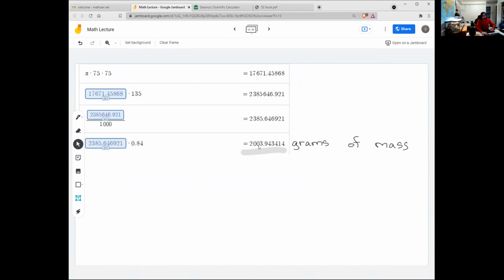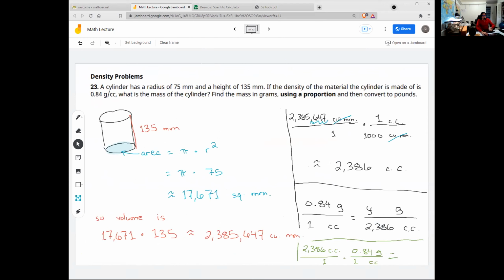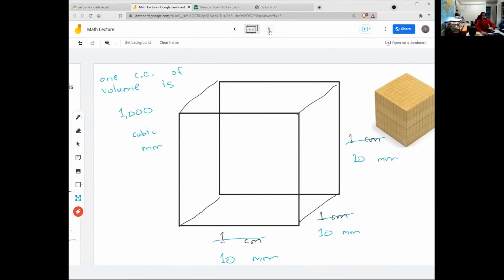So still 2,004 is a lot of grams. So what they're asking us next is to convert this into pounds. Right, I'm a silly American. I'm used to thinking of weights in pounds instead of grams.